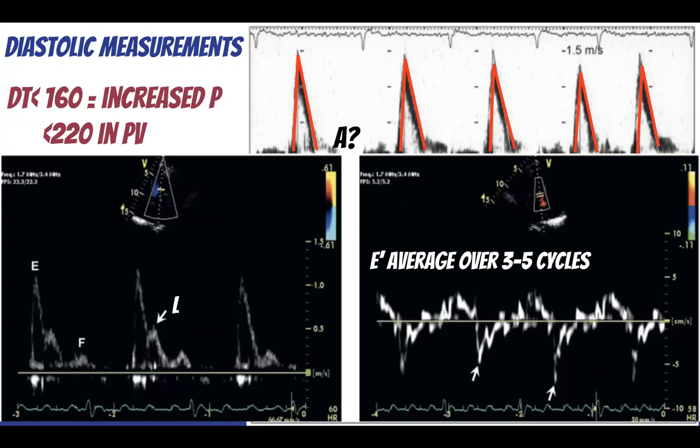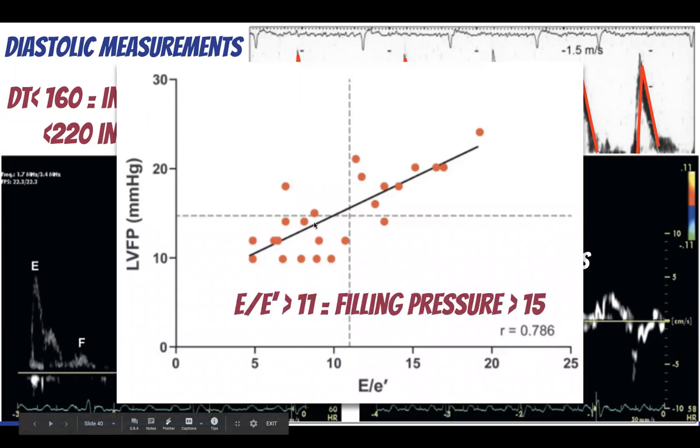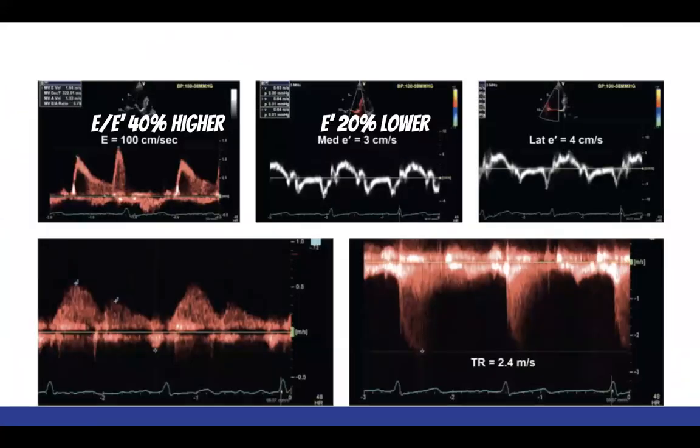E prime velocities at the mitral annulus can be different from cycle to cycle, so you use 3 to 5 cycles to find the average and use that for your calculations. And in terms of E to E prime ratio, the studies show that if it's more than 11, then filling pressures are more than 15. So you can use this number to estimate your filling pressures.